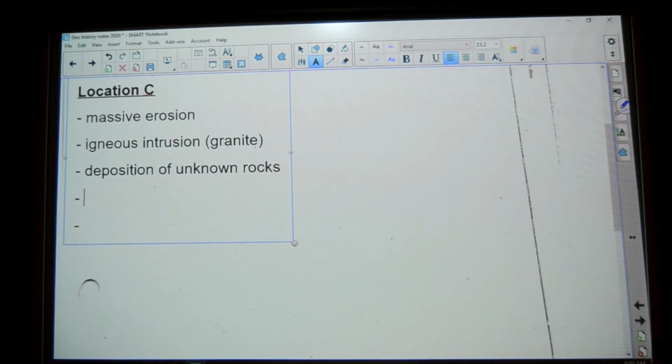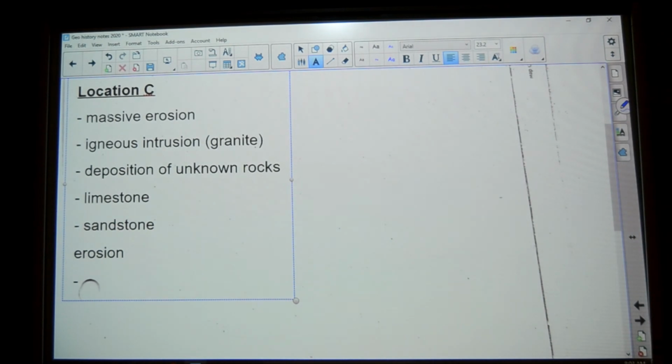Our number 11 was limestone. Our number 10 was sandstone. Our number 9 was that squiggly line known as erosion. Number 8 was folding.